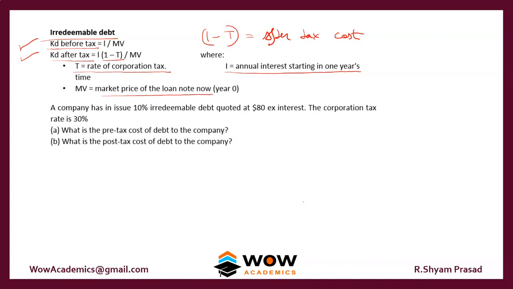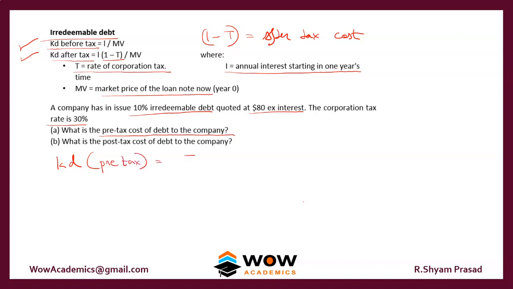So we'll work out this problem. A company has issued 10% irredeemable debt quoted at 80 ex interest. The corporation tax rate is 30%. What is the pre-tax cost of debt? As he asks for the pre-tax, that is before tax.